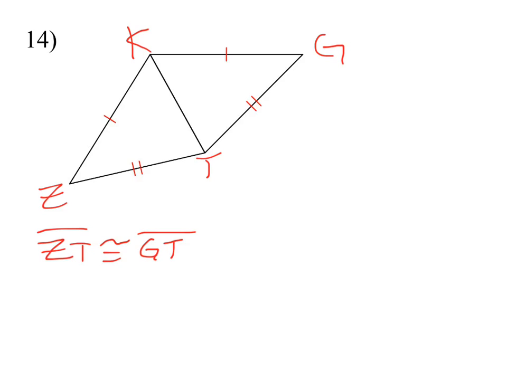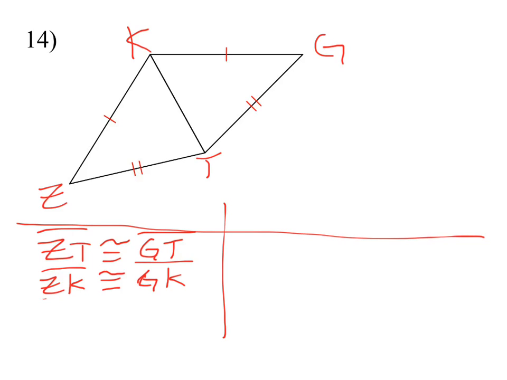And I know that ZK is congruent to the side GK. And let me put those down first. So those are my first two conclusions. My proofs over here on the right side include given and then given. They're both given, so right there on the picture.